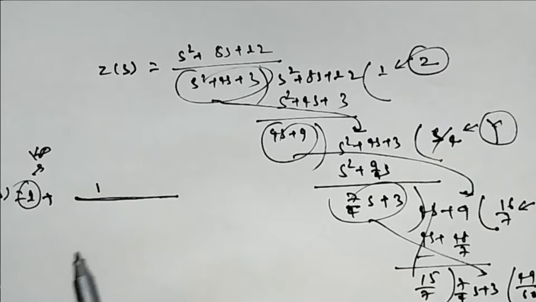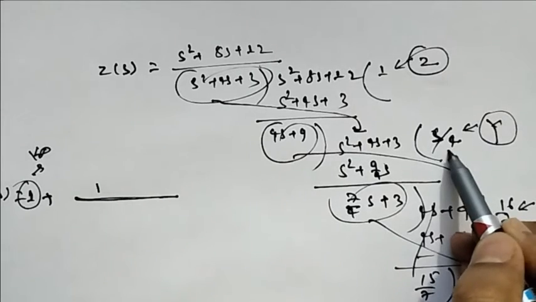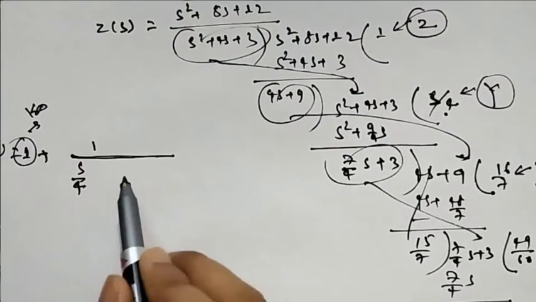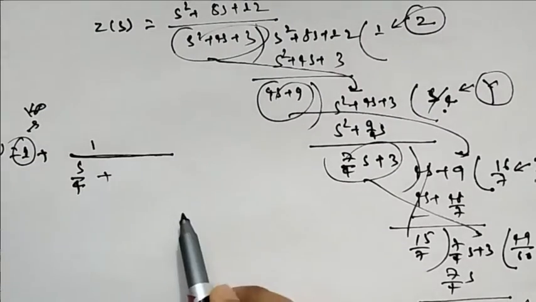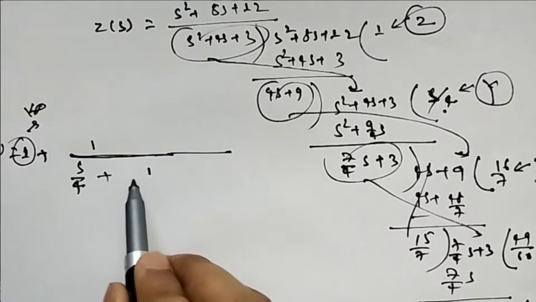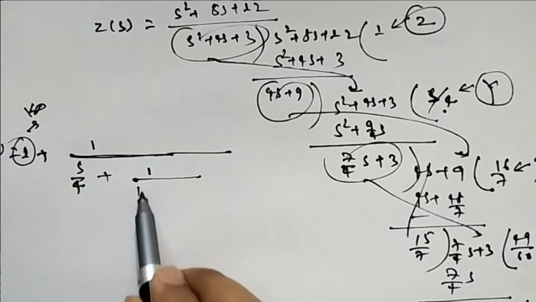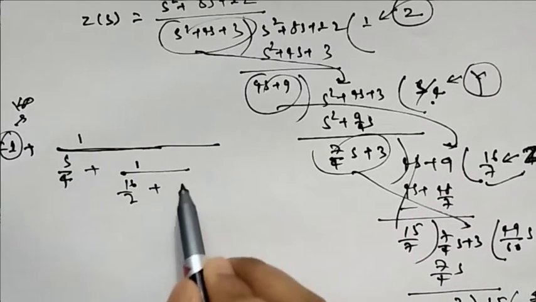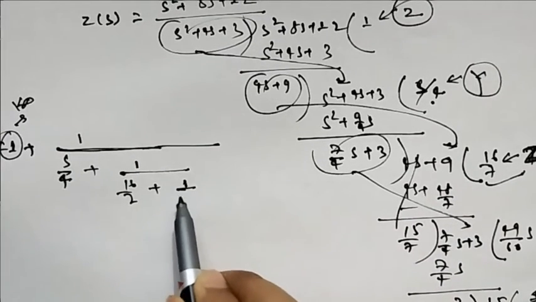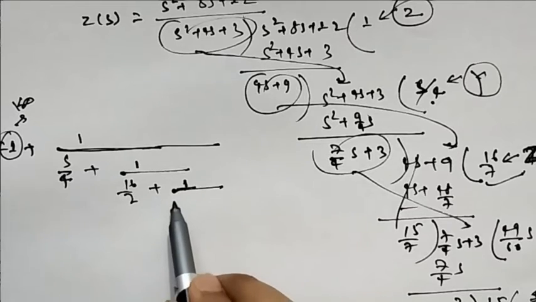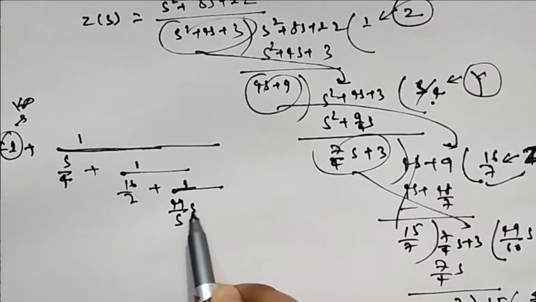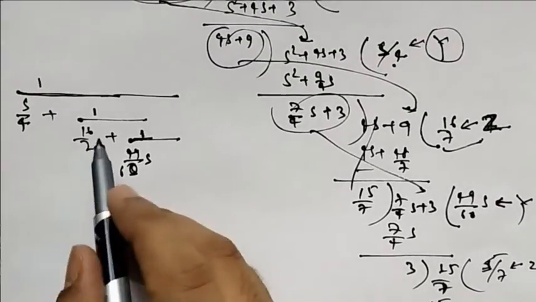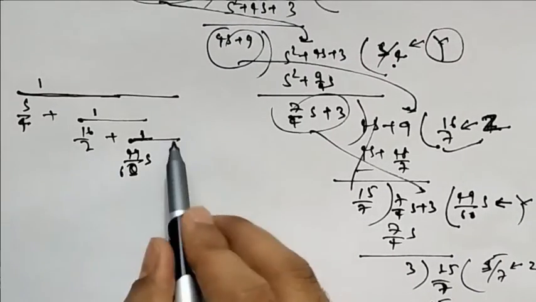Now this is 1 by 1 plus s/4, and then again the second term. This will be 1 by 16/7, this term we have taken 16/7, and then again putting 1 by 49/16s.